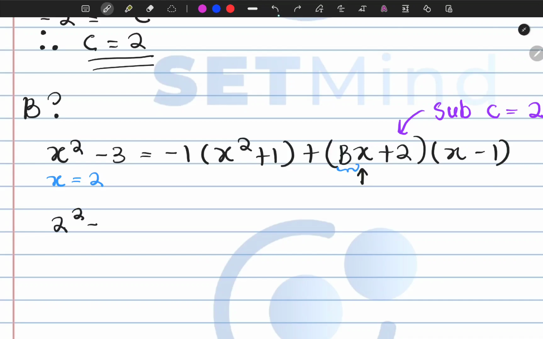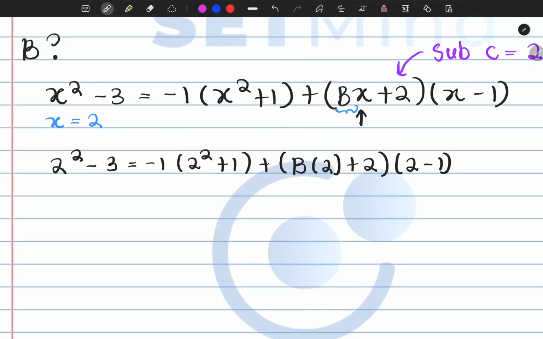So if I choose x is 2, you will see that I will have 2 squared minus 3 equals -1, 2 squared plus 1, and then plus b multiplied by 2, and then plus 2, and then multiplied by 2 minus 1, like that.